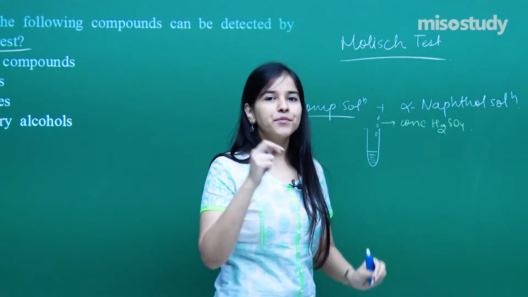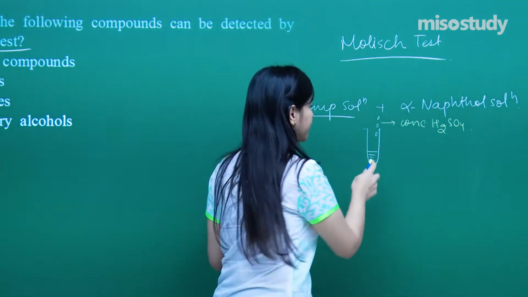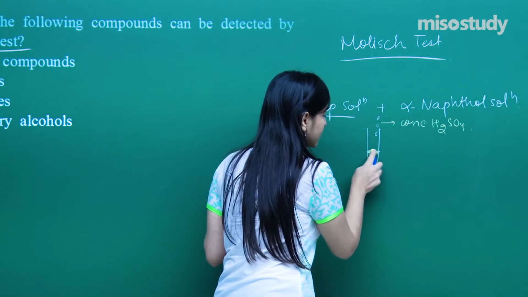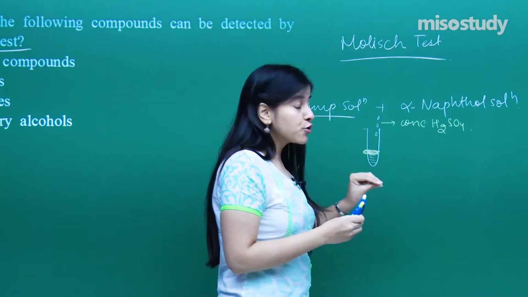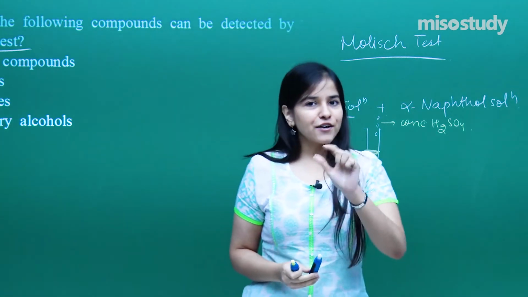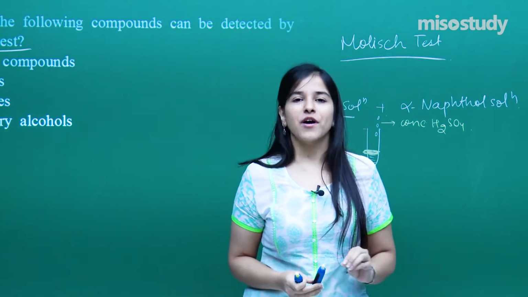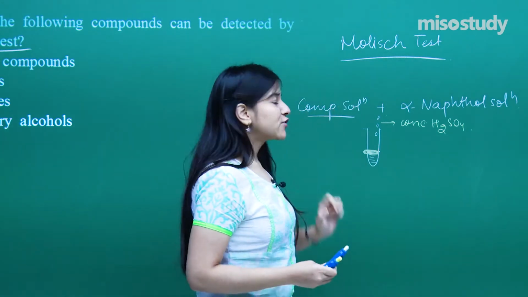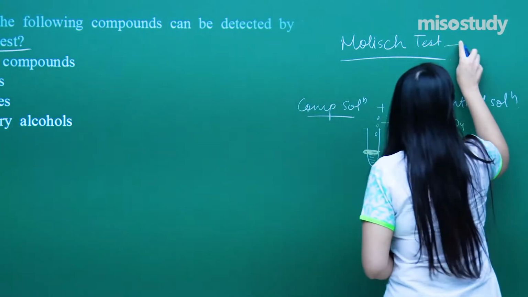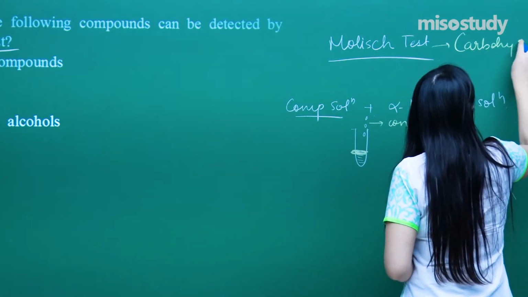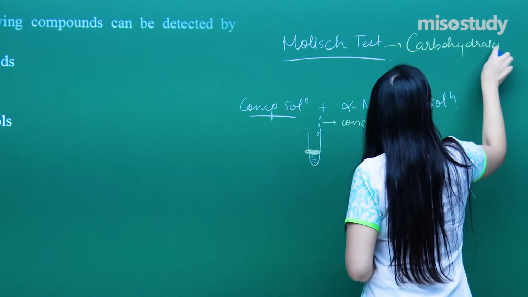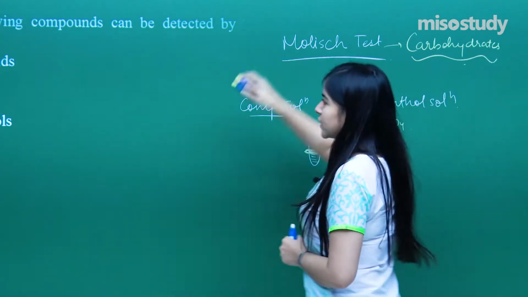What will happen? A beautiful violet ring will appear in the test tube, confirming the presence of carbohydrates. So, the Molisch test is always for carbohydrates. Another very informative question it is.